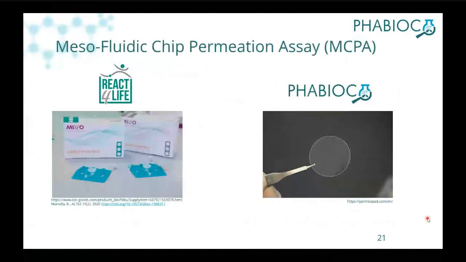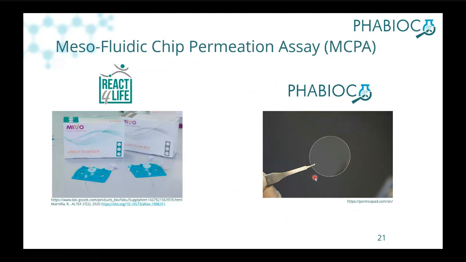Another type of system that I have been developing lately is the so-called mesofluidic chip permeation assay. This is still at the development scale. We basically combine a mesofluidic chip from React4Life, called MIVO, with the PermeaPad barrier.